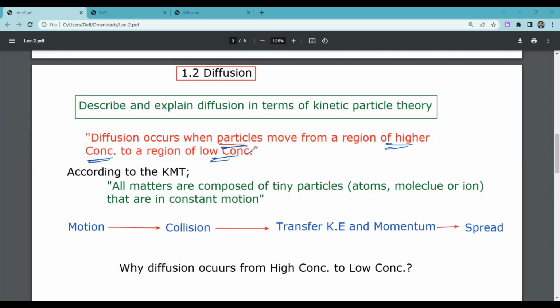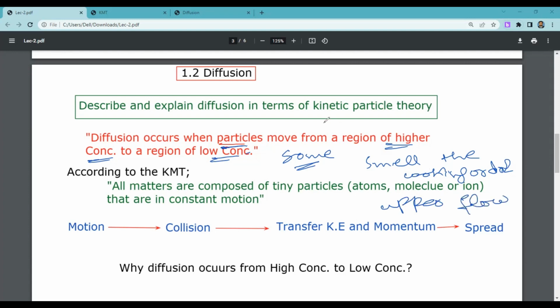We can see different examples of diffusion in our daily life. Let's assume someone is cooking at our home and you are upstairs. You smell the cooking odor. Something is cooked on the lower floor. Why? This is because of diffusion, because particles moved from a region of higher concentration to a region of lower concentration.